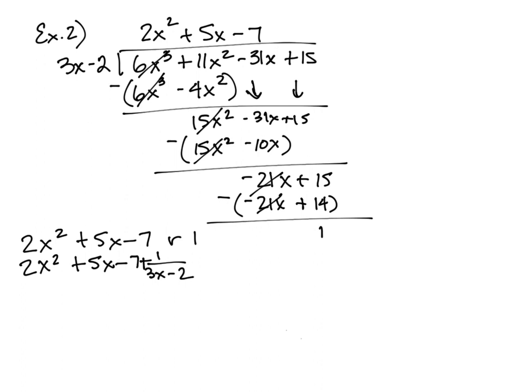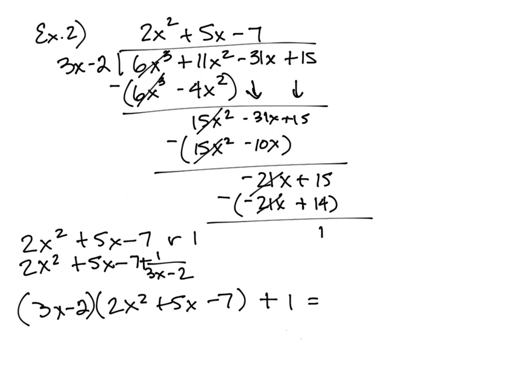Can y'all see that? Plus 1 over 3x minus 2. We could write it as 3x minus 2 times 2x squared plus 5x minus 7, close parentheses, plus 1.